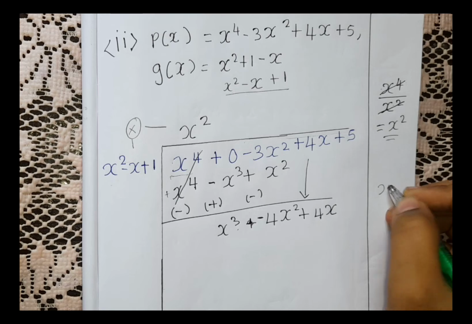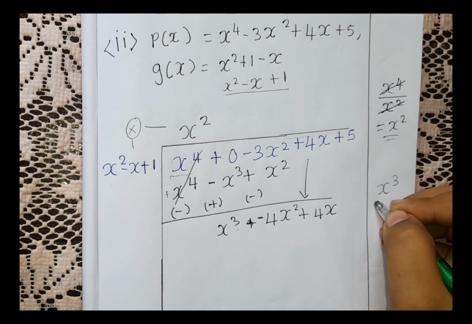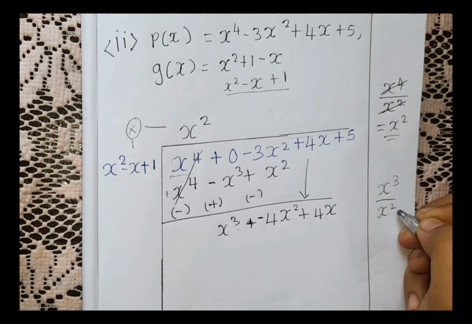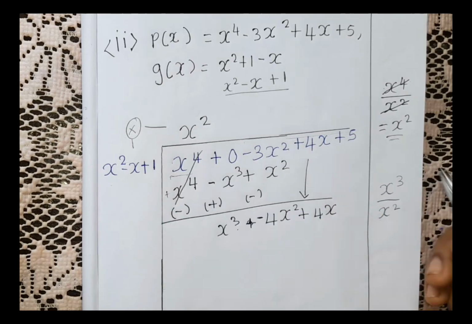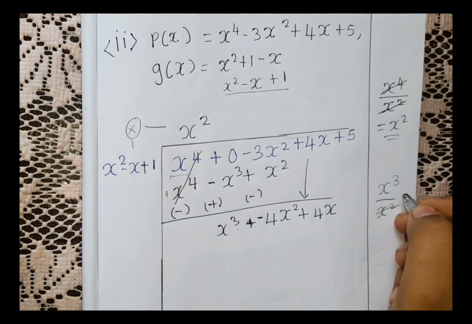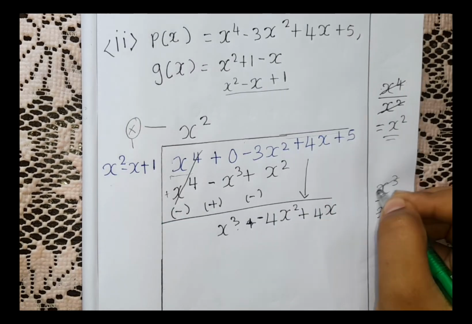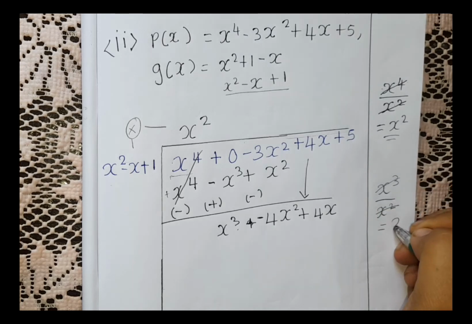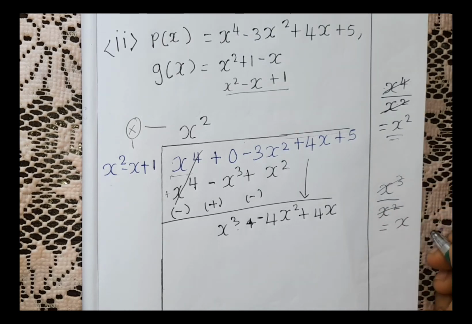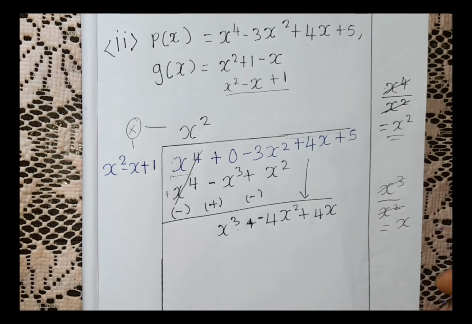So here I am taking x cube divided by x square. Here x square is cancelled, and here also the x square is cancelled. To balance we have x power 1. No need to write x power 1, because if you write x simply like this, then the power is 1.